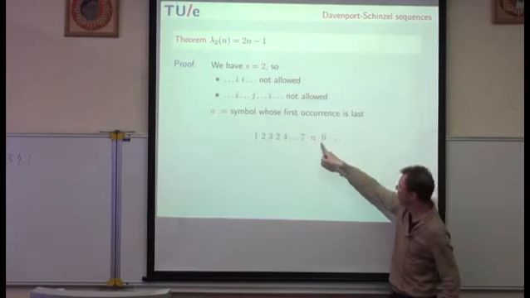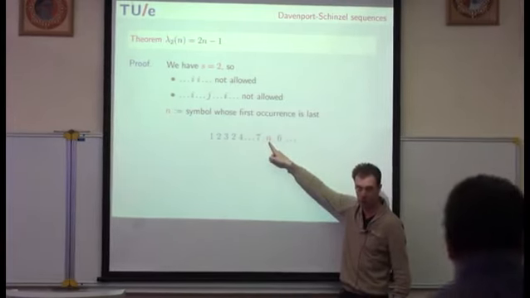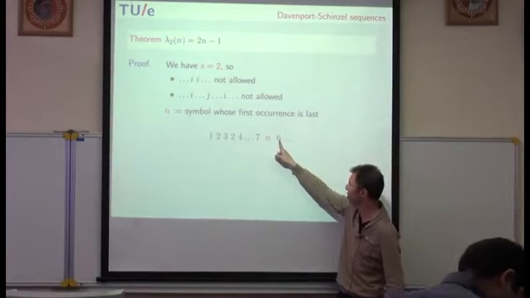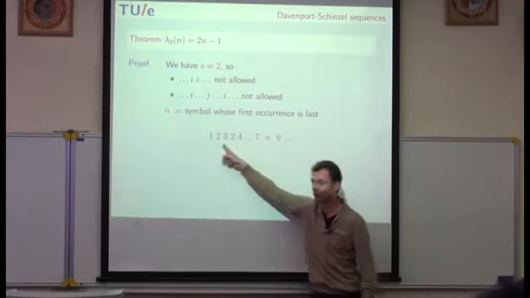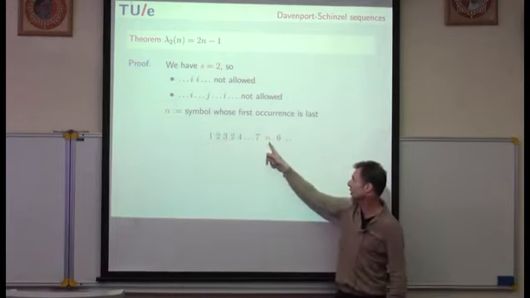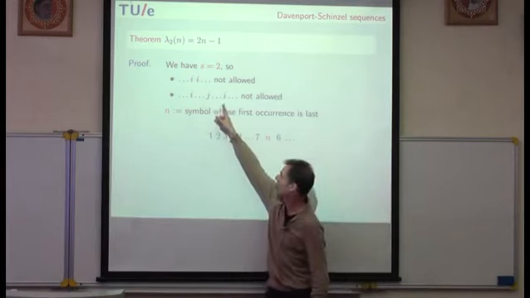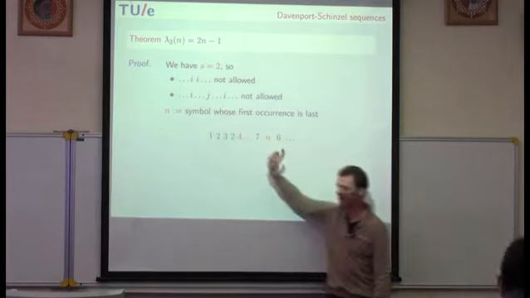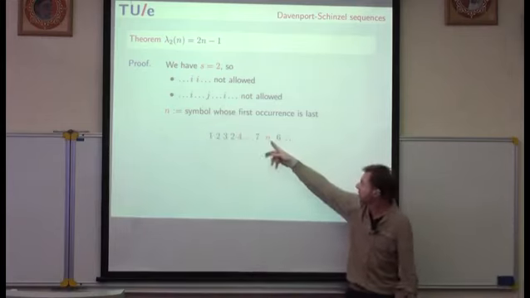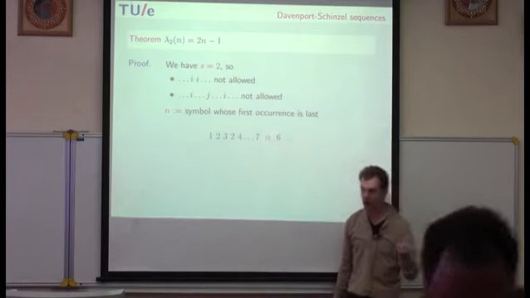But then, since this was the one whose first occurrence is last, I know that the 6 was also here somewhere. So I have the 6 somewhere here, then I have n, then I have another 6, and since ij is not allowed, I cannot put my n. So this n occurs only once.